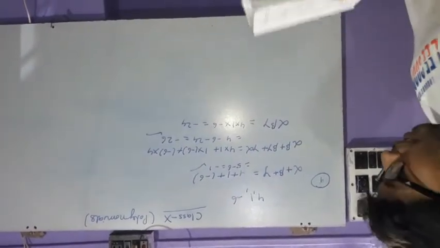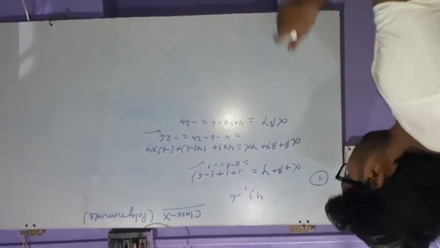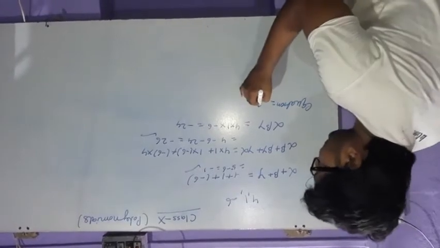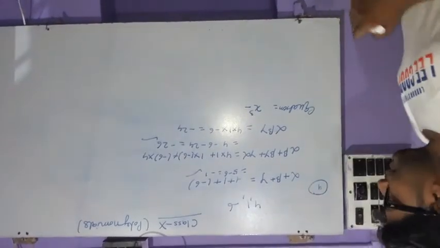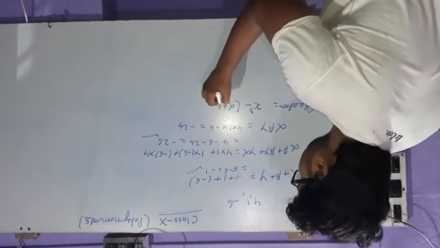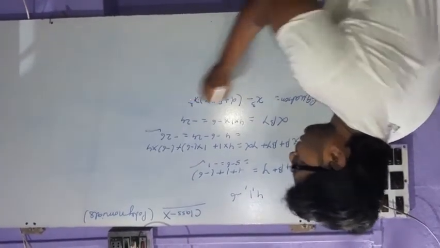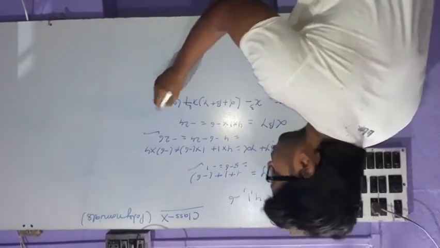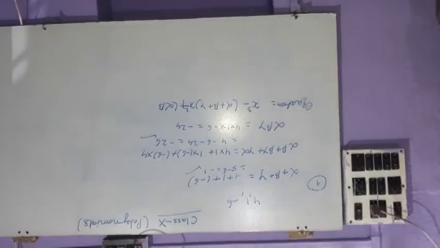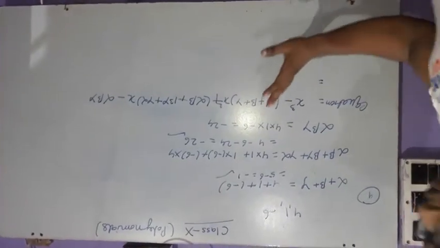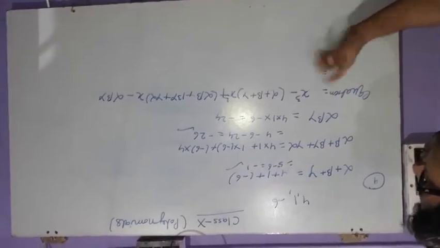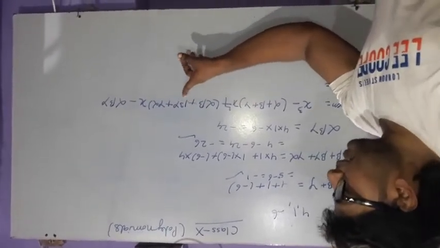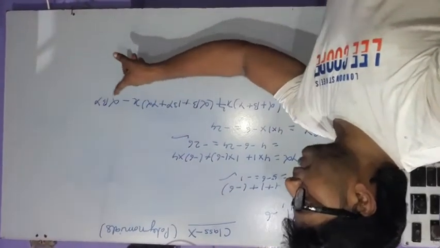Okay, when you have to find the cubic polynomial, the equation will be x cube minus (alpha plus beta plus gamma) x square plus (alpha beta plus beta gamma plus gamma alpha) x minus alpha beta gamma.